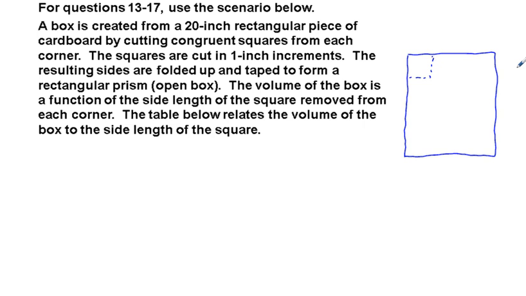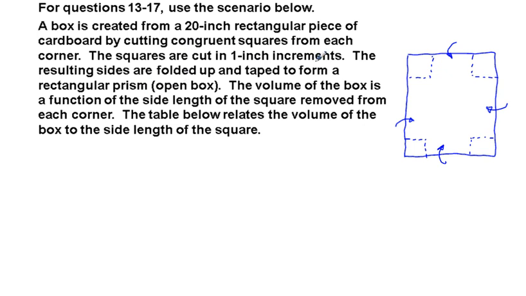So you take these little square corners out of each corner of this 20-inch rectangular piece of cardboard. And you create this box when you cut out these pieces by folding up these edges to form a tray or a box. So it's a classic type of problem that you'll see quite often.